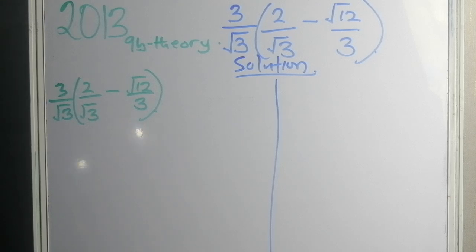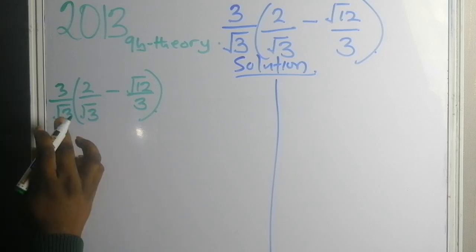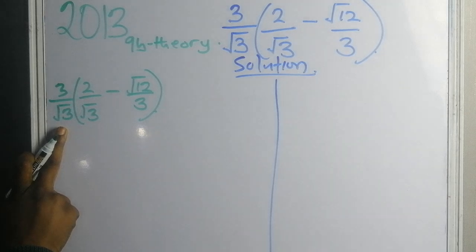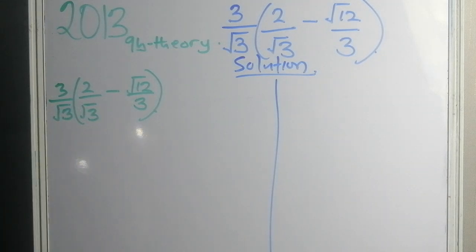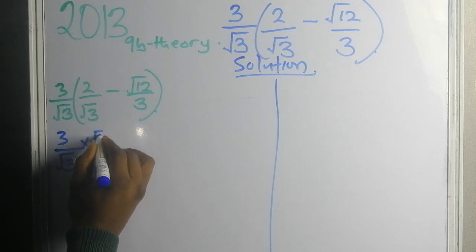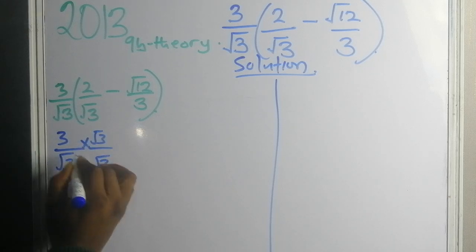So if you look at this very well now, I'll rationalize this because I'm having roots. If you've not gone through the surd part, please go through it so that you can get what I'm saying. So this is exactly the same thing as saying you have 3 times root 3 over root 3.